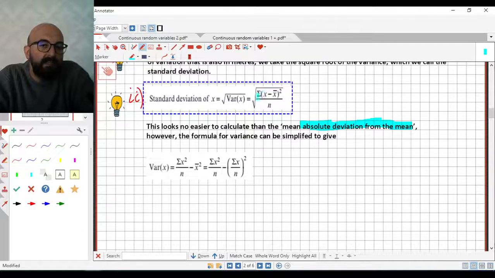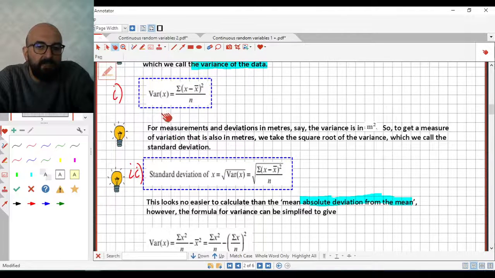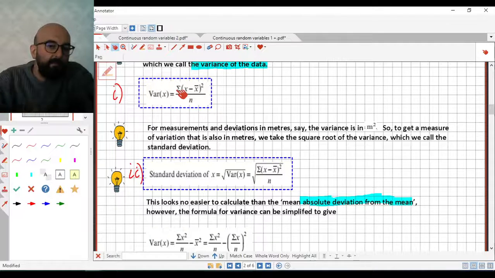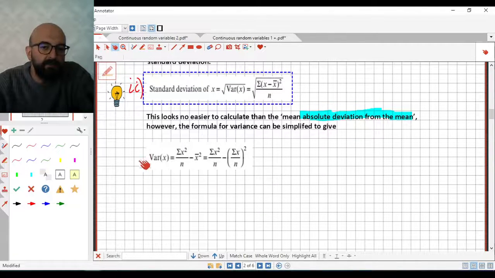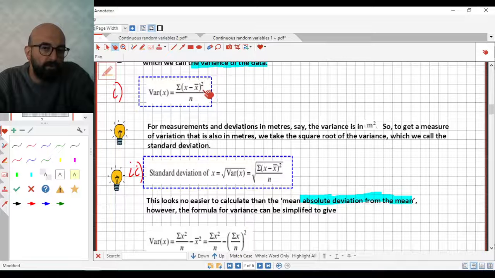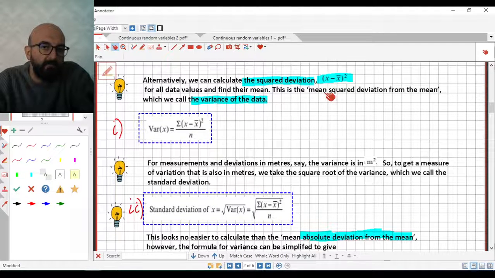Okay, now we will work on the variance formula differently. Maybe we can use a different formula for variance, the mean squared deviation from the mean.